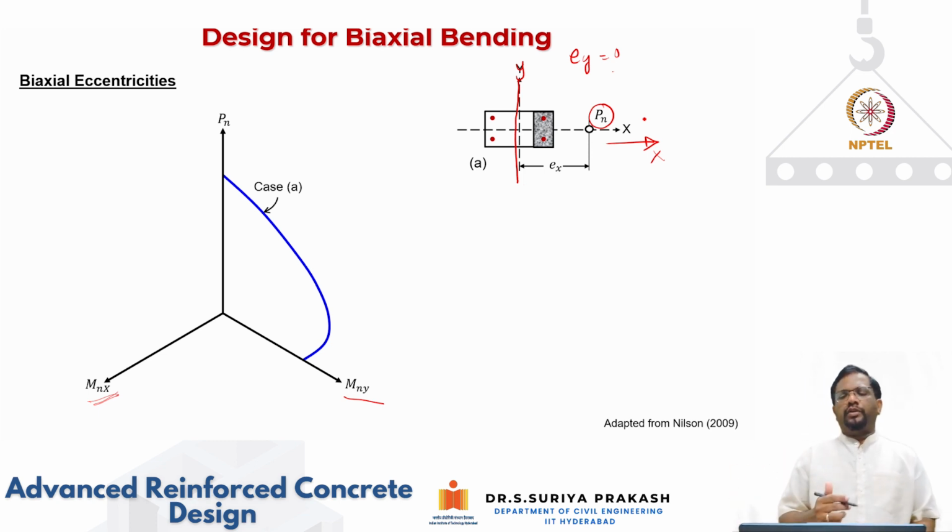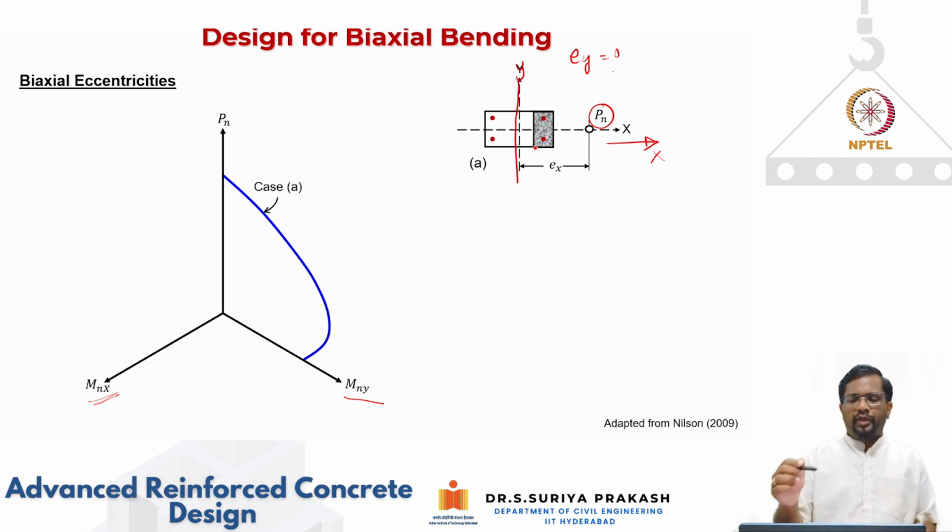So then we call this kind of case axial. It has an axial compression of P and it is also moving along the x-axis, which means you are going to have bending moment. Now what is the bending moment? Bending moment about y will be P multiplied by Ex. Depending upon the value of Ex, the bending moment is going to increase, right? So this is a case of uniaxial bending.